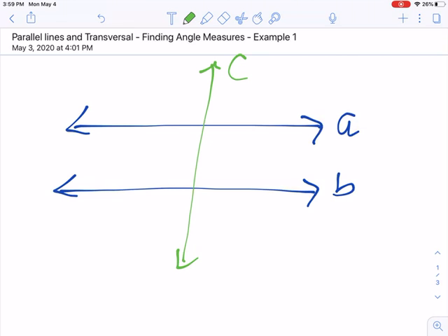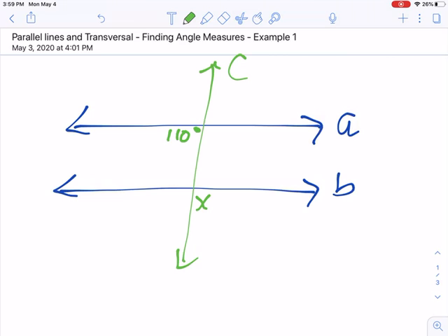So the question here will be to find angle X. And I'm going to tell you that this angle on this side is 110 degrees.